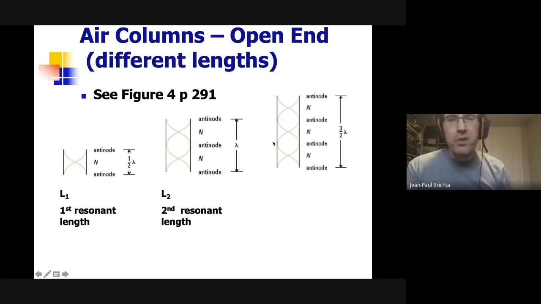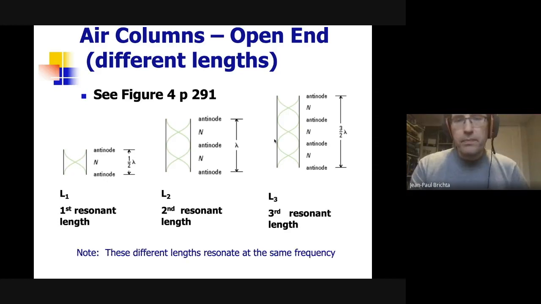So we're just making the tube longer and longer. And you might wonder how we could do that, but there are many musical instruments which allow you to either make the tube longer as you play or are just a collection of different sized tubes. So that's the third resonant length. So basically this is the first resonant length where you have 1/2, the second resonant length where you have 1 full wavelength, and the third resonant length is where you have 3/2 of a wavelength.